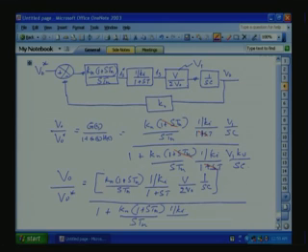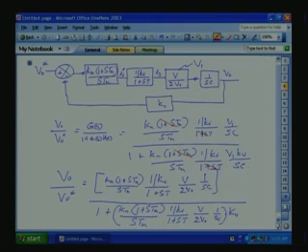This Ki is the current feedback gain. 1 by Ki by (1 plus S T), again V by 2 V0, 1 by S C into Kv, our H(s), the voltage loop gain.